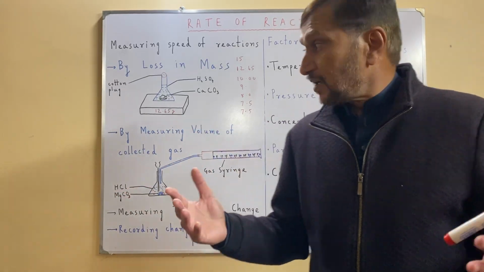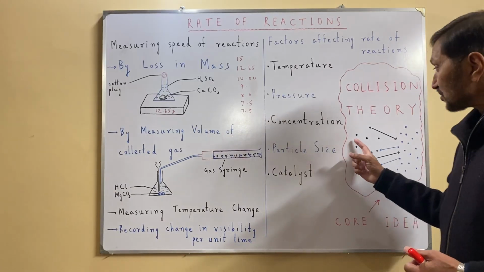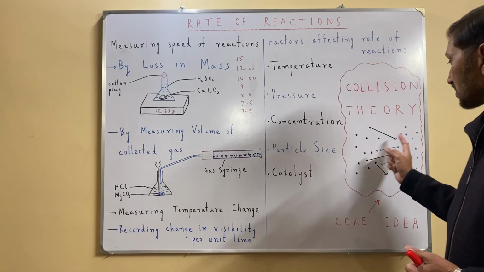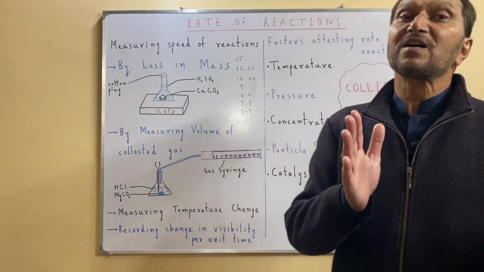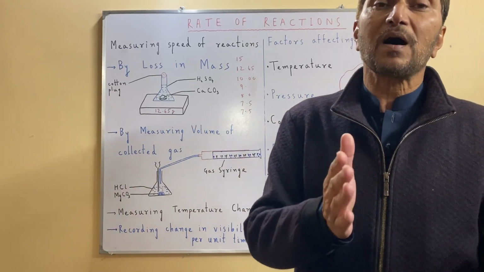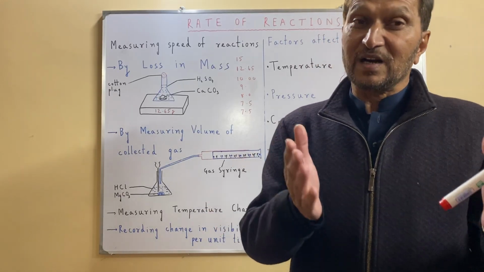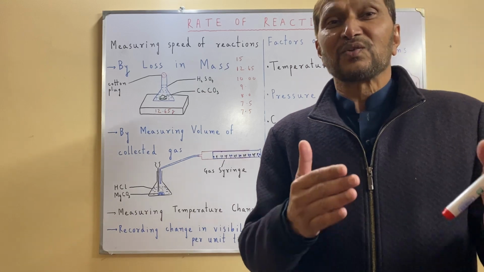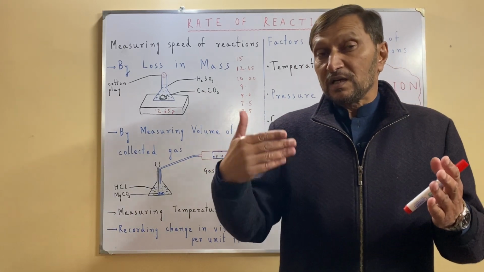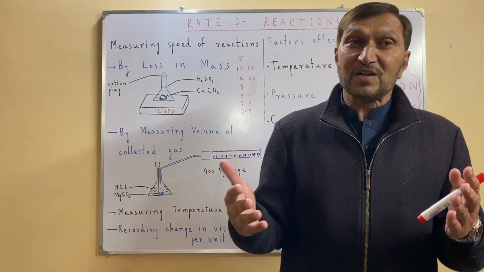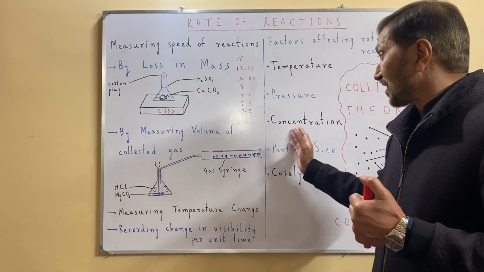If the concentration of the nitrogen and hydrogen is higher, there will be greater collision among the reactants. And once again, when there is greater collision, the rate of reaction will speed up because of the increase in concentration of the particles.